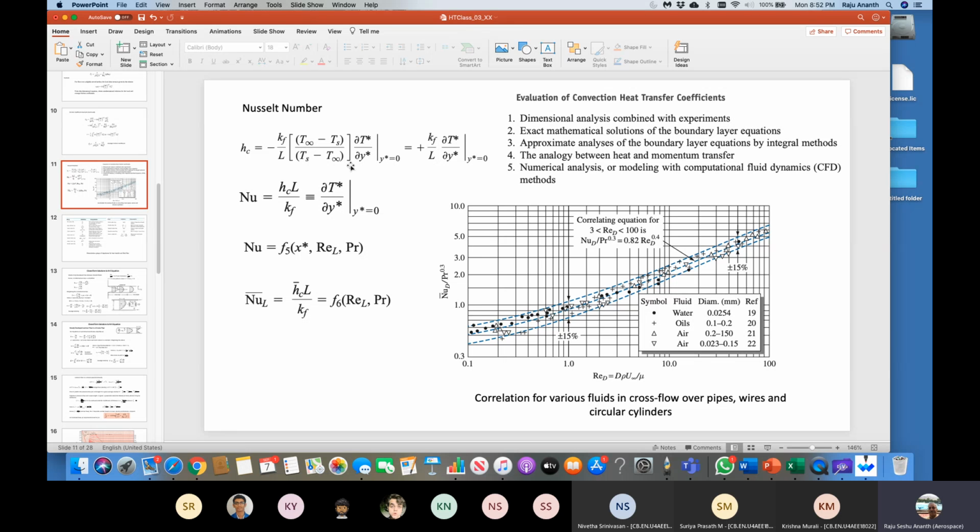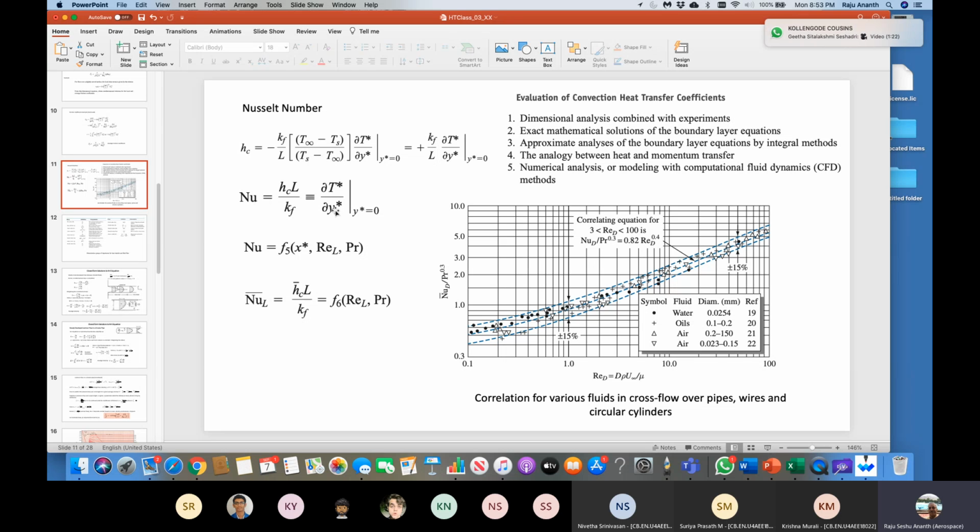So how do I make this non-dimensional? I multiply and divide by the same as I did earlier. If I divide T by Ts minus T infinity, that becomes the non-dimensional number, and then I know the heat transfer is T infinity minus Ts, the total temperature difference delta T. So that is the numerator. So this whole thing becomes non-dimensional.